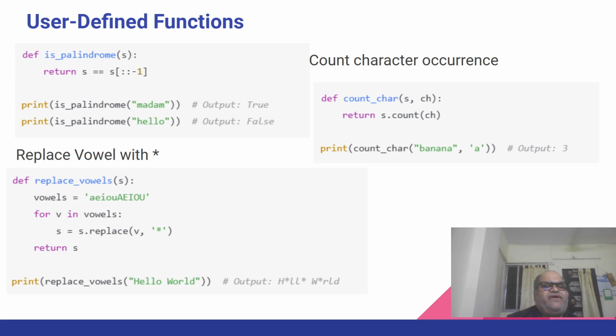Since you are using minus one, it will put the rightmost in the leftmost, and then it will traverse. Once you have done it, your string will be as it is from left to right, and after using this operation, it will reverse from right to left, and then we are checking it through an equality operator, equal to equal.